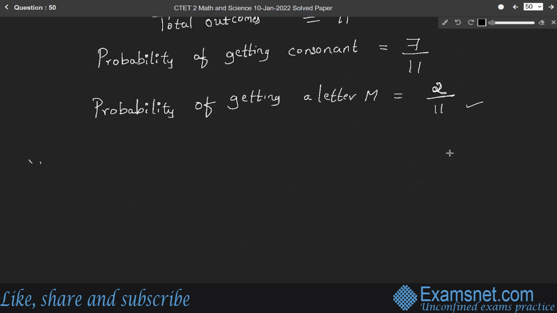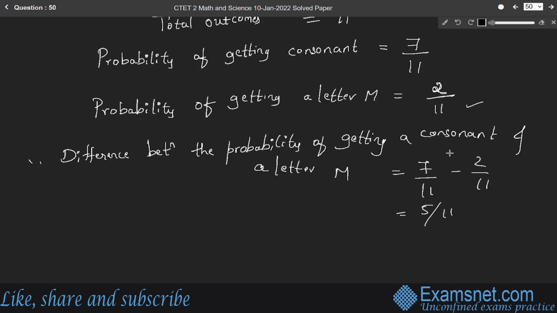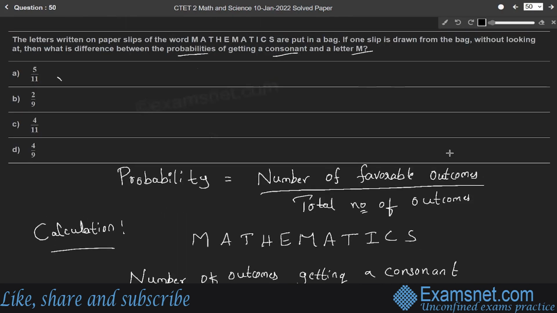Therefore, the difference between the probabilities of getting a consonant and a letter M is equal to 7 by 11 minus 2 by 11, which is 5 by 11. Therefore, the correct answer is option A.